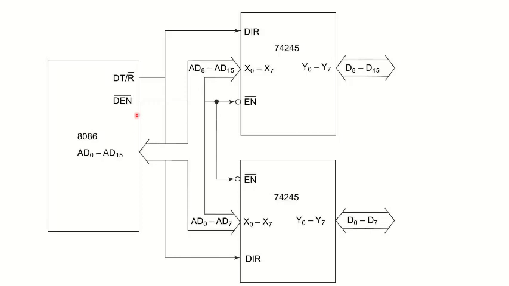To control this process we need a special type of signal, that is DEN bar, data enable. If this is low, then it indicates that data is available to transmit or to receive. Then DT/R bar indicates the direction of the data.